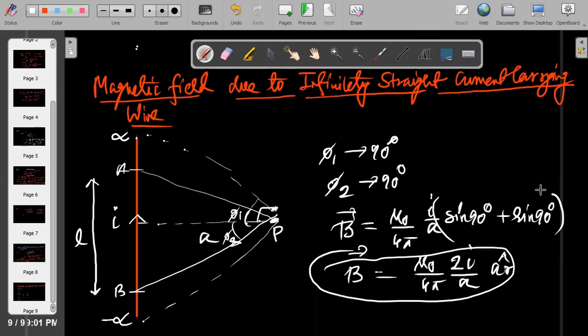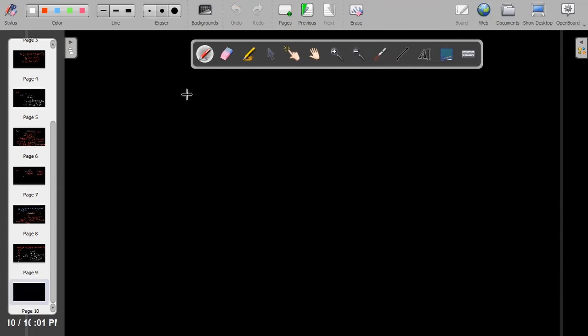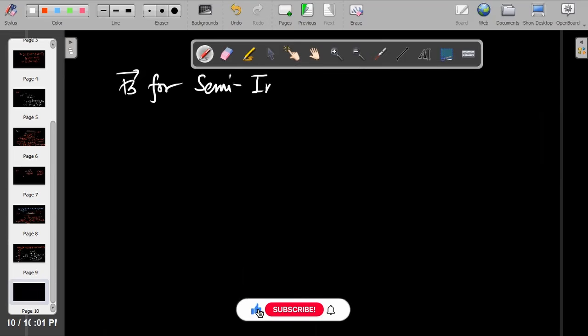Now, the last part. If it is not totally infinite, if it is a semi-infinite wire, what can we say for a semi-infinite wire? Find the B for a semi-infinite wire.